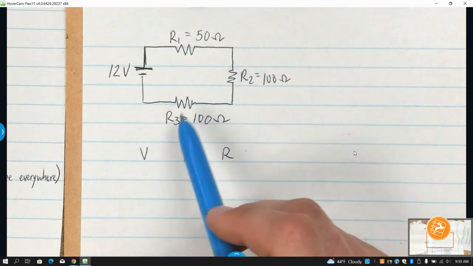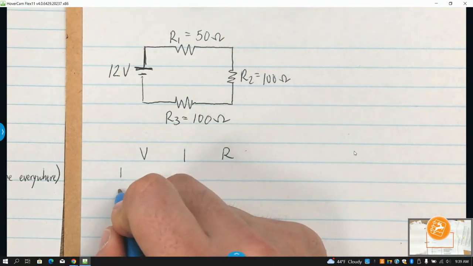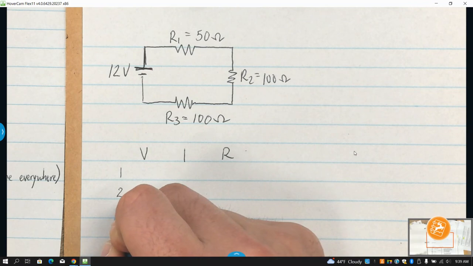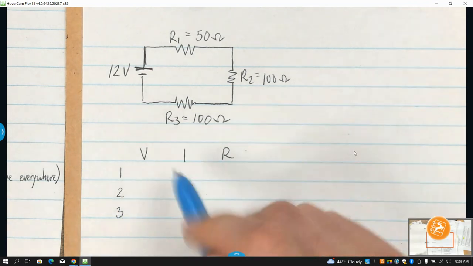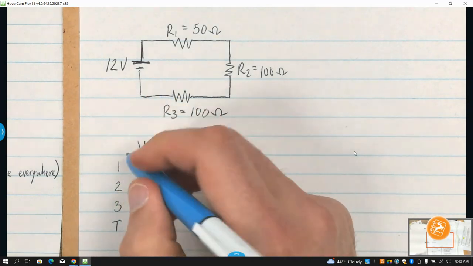We have 1, 2, 3. So then I'm going to make a 1, 2, and 3. And then we can't forget total.